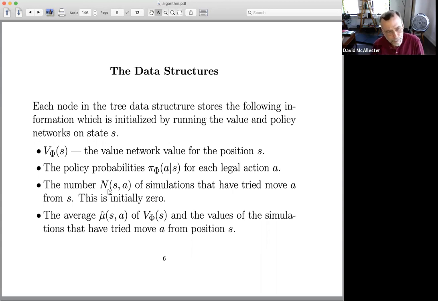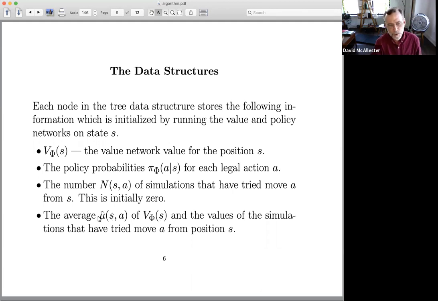There's also a number for each action, for each possible move: we count how many simulations have taken that move from this position. Remember, each simulation descends into the tree, so a simulation can pick the same move at a given node multiple times. So we're counting how many times a simulation took this action from this node. We're also keeping track of an average of the value of each simulation that passed through this state action pair, but we're including as an initial value just the value of the state.